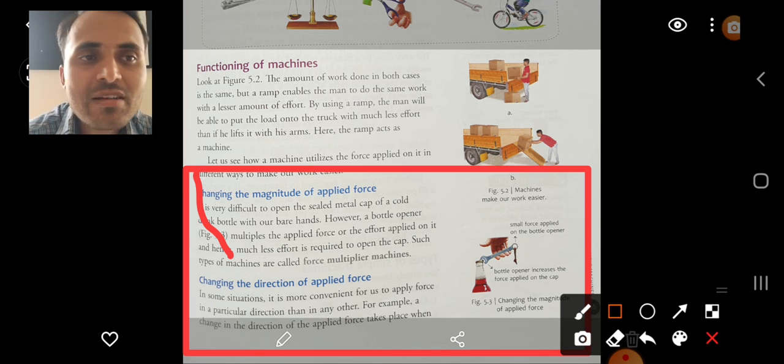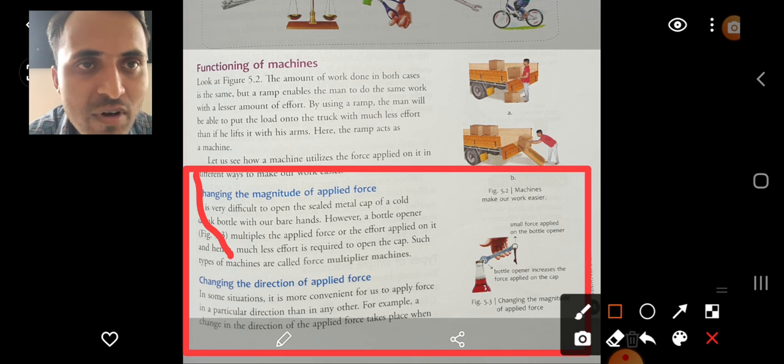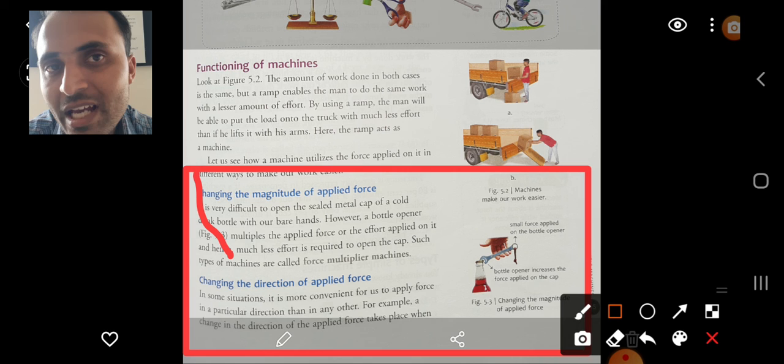For example, we will take the inclined plane. With the help of an inclined plane, we are able to move heavy objects on any slope, here with the help of a wooden block. Here the wooden block is the inclined plane. What is the use of that?